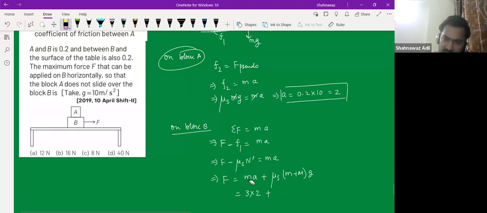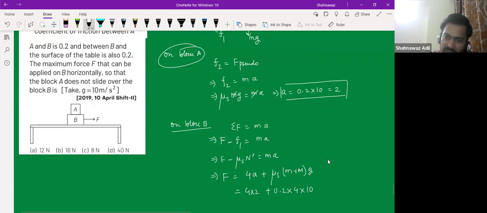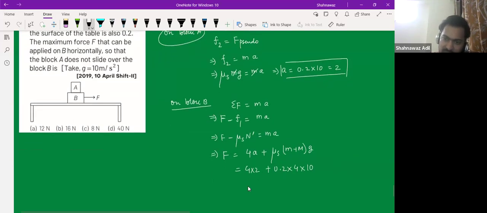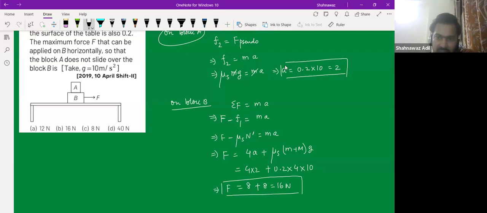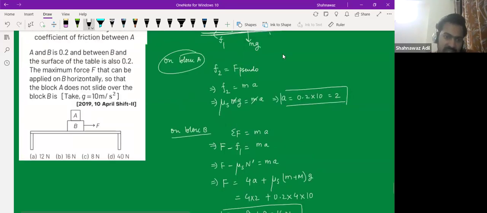So this is 4, and this is 4 into 2. And this is 0.2, and then this is 4, and then this is 10. So how much is this thing? This is 8, and this is 8 as well. So 16 Newton. That would be the answer, 16 Newton.